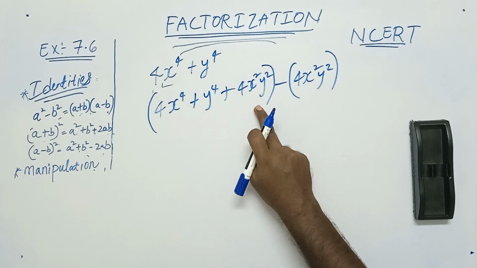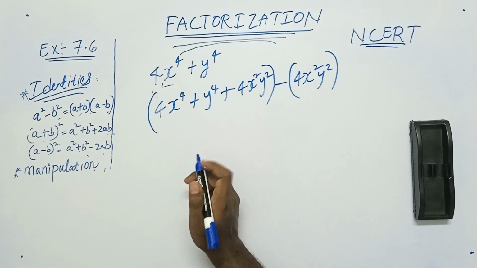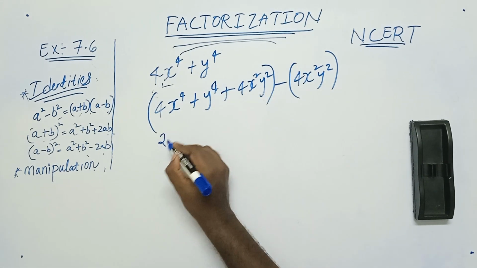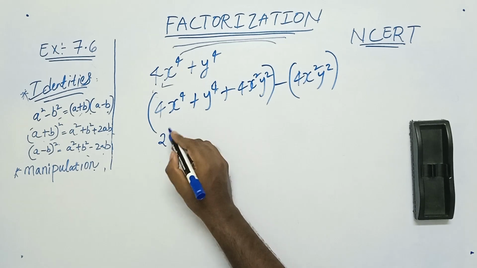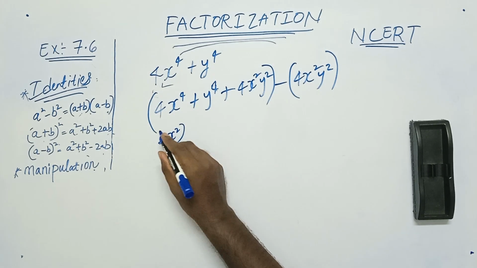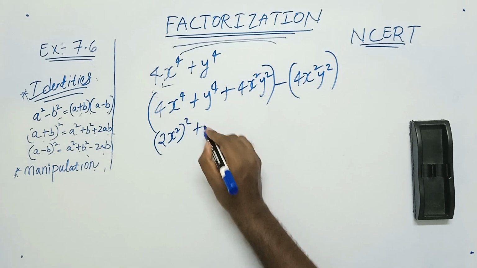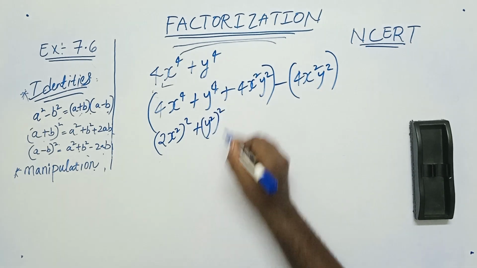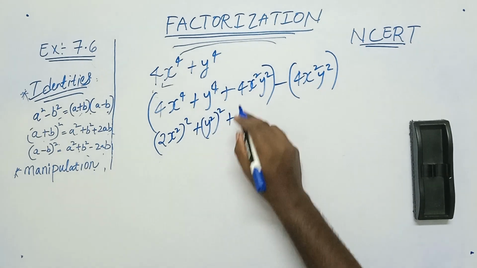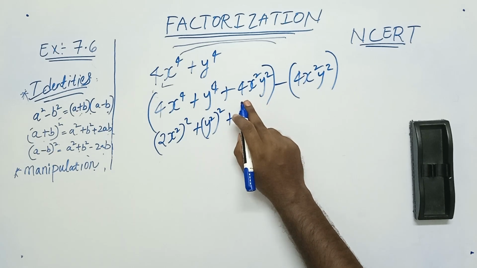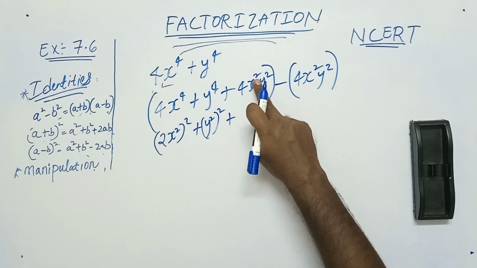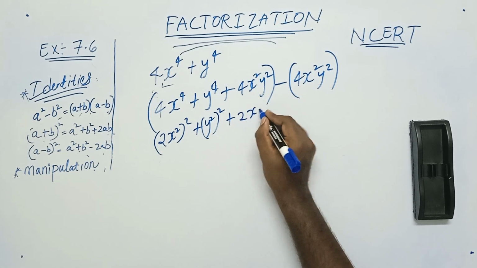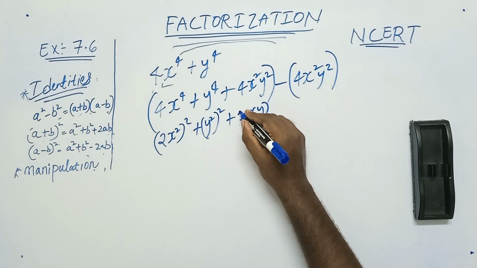If I write these values in exponential form, 4x power 4 can be written as 2x square to the whole square, plus y power 4 can be written as y square to the whole square. Here I have a plus sign, and 4x power 2 y power 2 can be written as 2xy whole square.